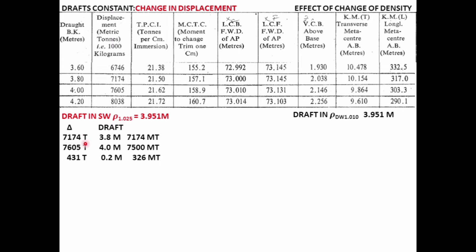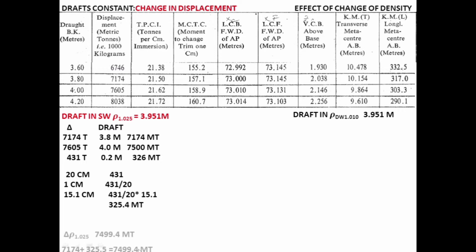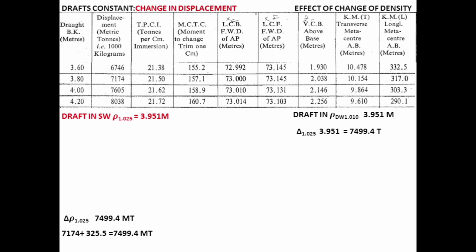For 3.8 it is there, 4 is this, so I'm not going to explain that part of it, and you get to know that your displacement in salt water is about 7,500 metric tons. Now we just saw that the underwater volume is mass divided by density, so that we get the underwater volume.